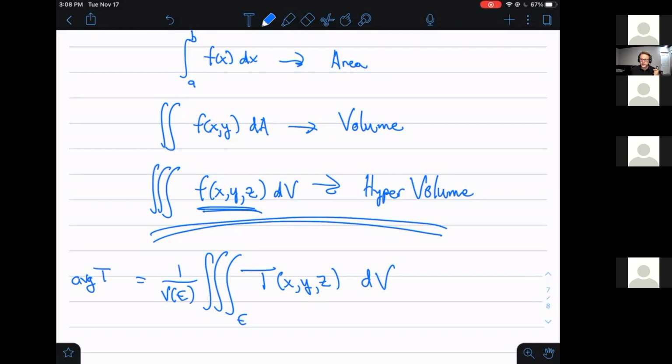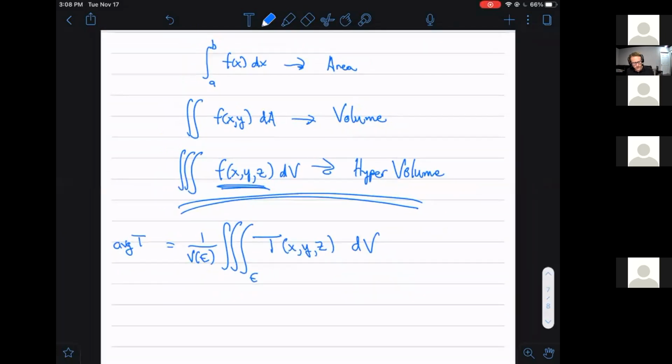But in applications, you're adding up some function over a three-dimensional region, like the room, that has X, Y, and Z coordinates, and you want to know maybe on average how hot it is in the room. This could be anything, like how much pollen is there. So that's the main difference between double and triple integrals from an application standpoint.